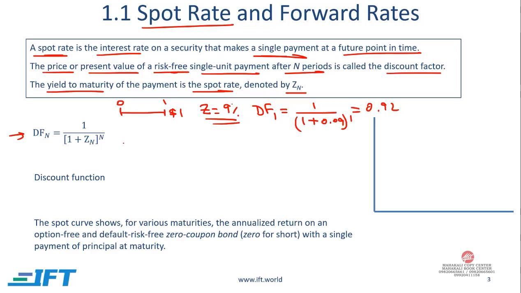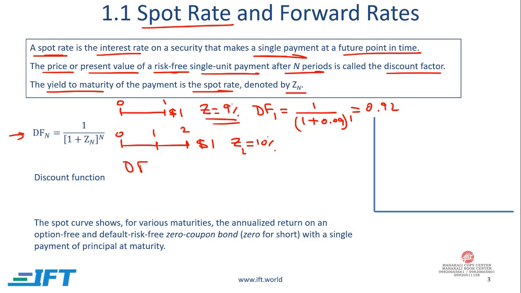Now let's say we have a 2 period security. So now this security makes a $1 payment at the end of year 2. And now I will tell you that the spot rate is equal to 10%. For this 2-year security, the spot rate is 10%. So we can say that Z2 is 10%. Now what's the discount factor?